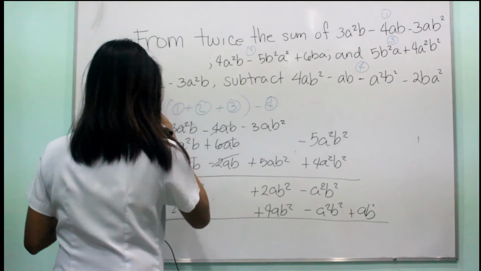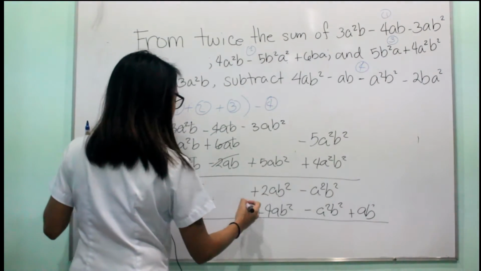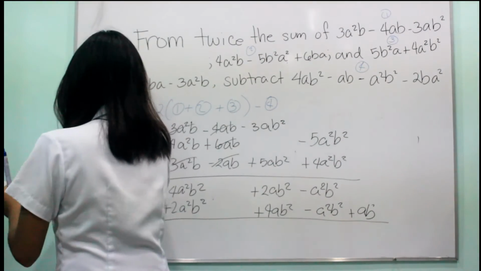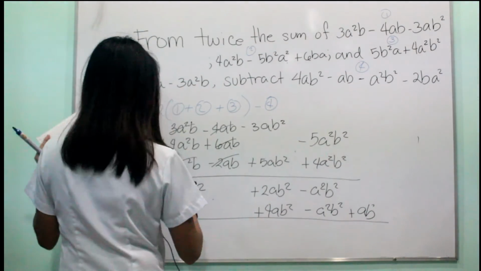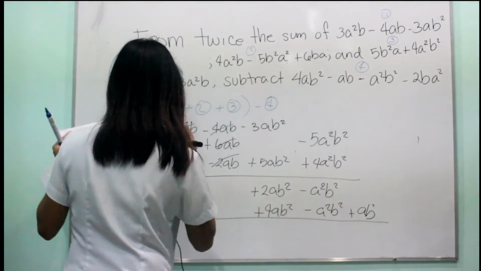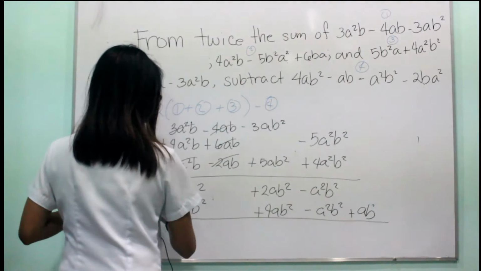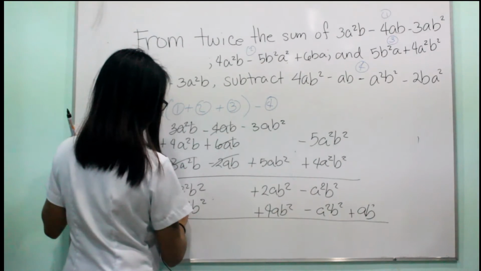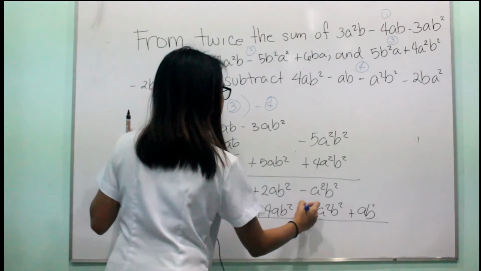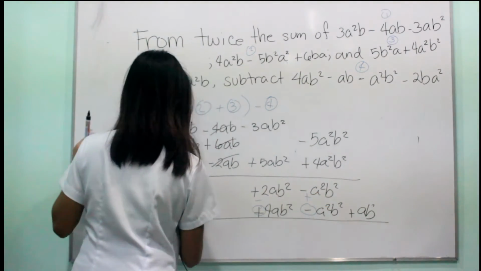So the answer will be, this polynomial is in positive, negative form. So when we subtract, change the negative sign into positive sign and the positive sign into negative sign, then add the polynomial. So positive, negative, negative.